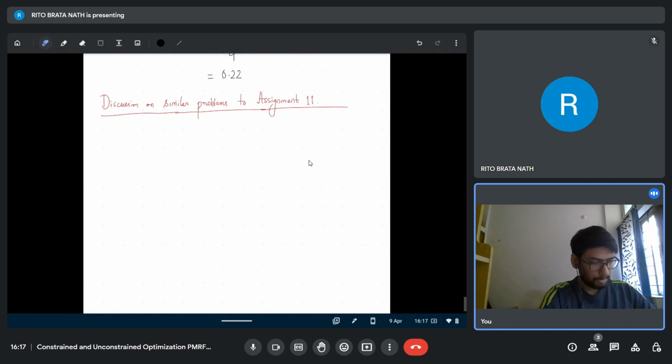Okay, so the first problem, let me discuss quickly everything. Which of the following is or are true about Kelly's cutting plane method?